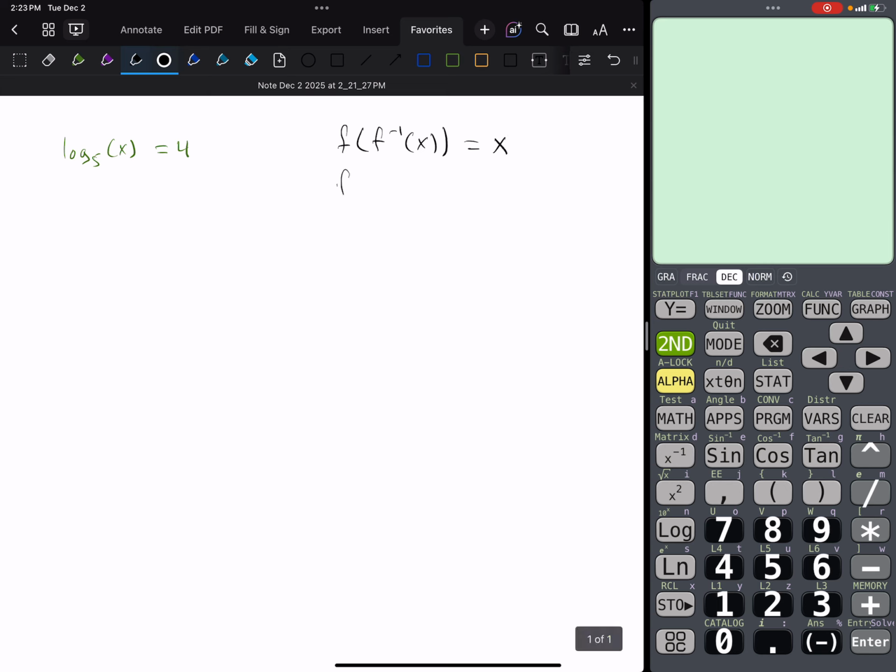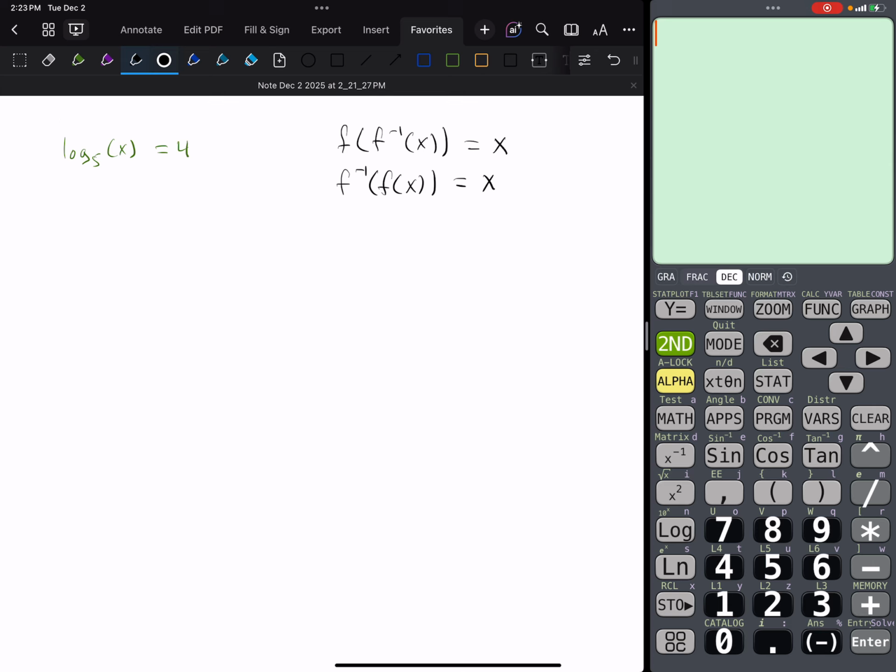That's the same thing as f inverse of f of x equals x. The input is the output. And that means if I can find the inverse function to this log, I can undo that log and be left with x there. Whatever function I run this side of the equation through, I'll also have to run this side of the equation through.